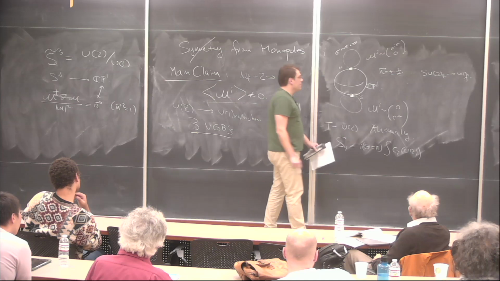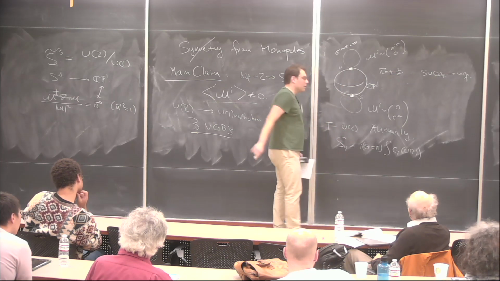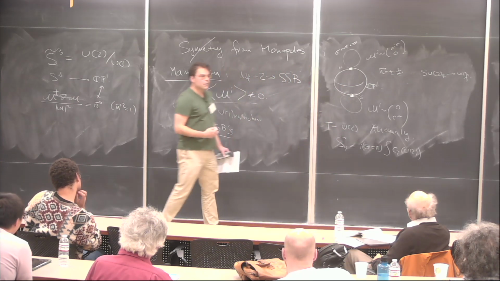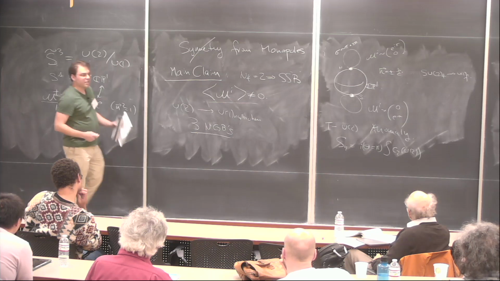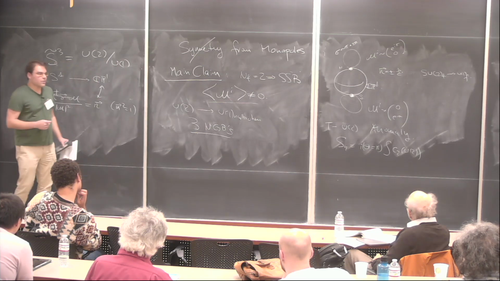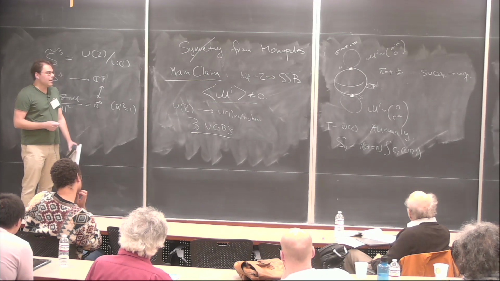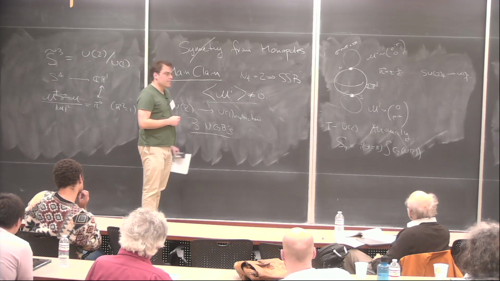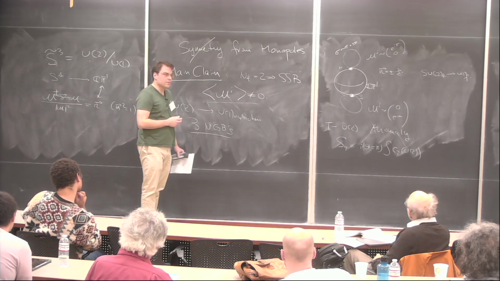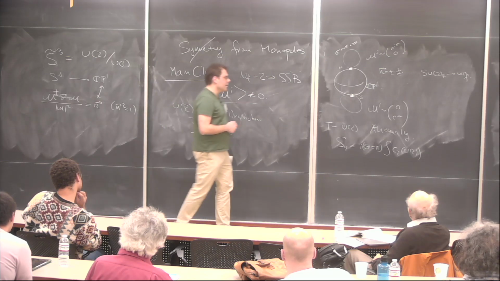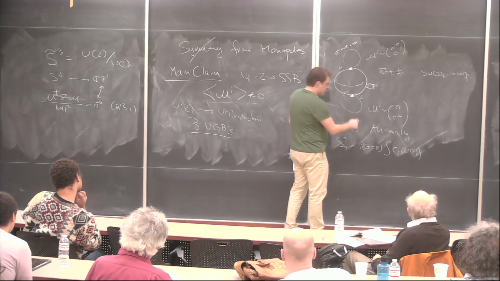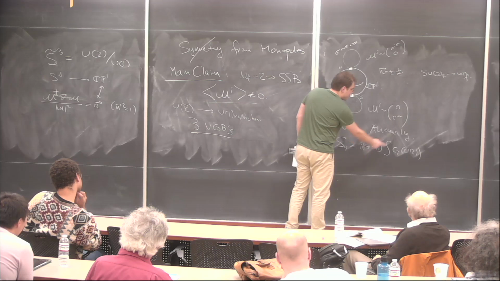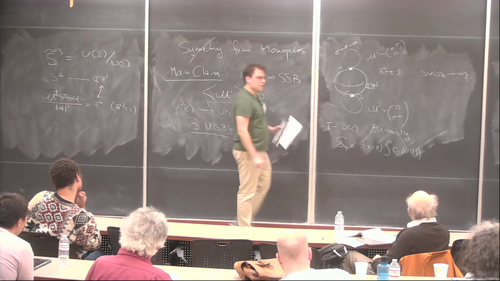And in the S3 sigma model, it's matched by adding a theta angle for that sigma model, right? S3 is 3-dimensional, so it has non-trivial H3. Therefore, you can add a theta angle in 3 dimensions that's proportional to the volume form of the sigma model. And if you dial the theta angle there to be exactly pi, then you match this anomaly, right?